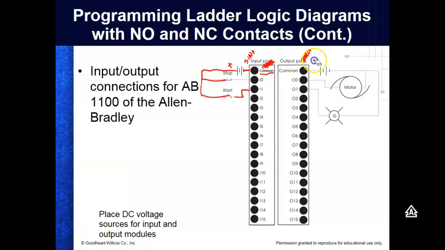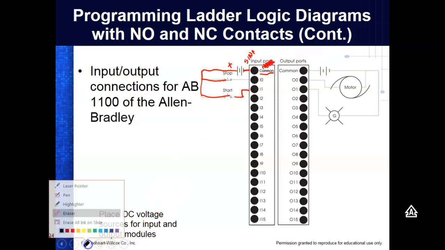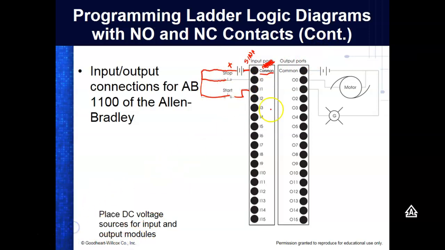On the 1000, this would be the same, but on the 1100, we'll put this symbol right here. And this is a symbol for what? That's a symbol for an AC voltage source. So this is not going to have polarity. This is the way the 1100 is wired.